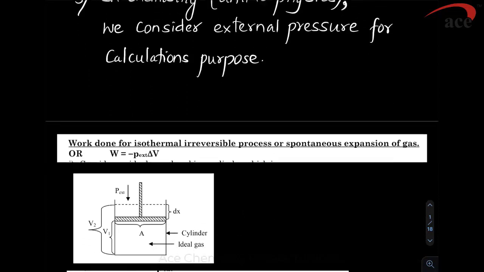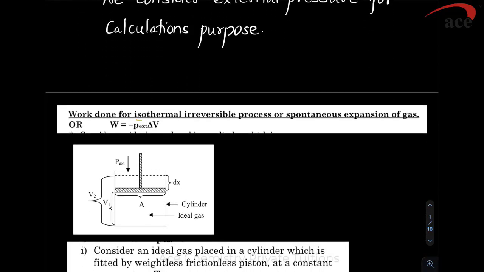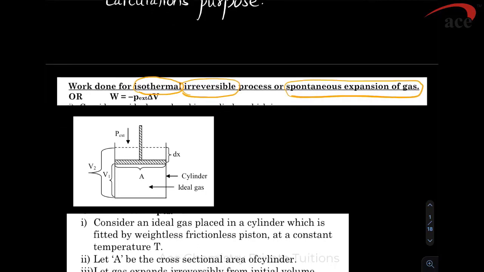So, we come to the first derivation. Find out work done for an isothermal irreversible process, or we can also say spontaneous expansion of a gas. We have taken expansion as a standard.